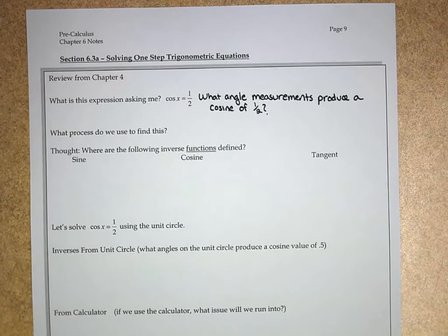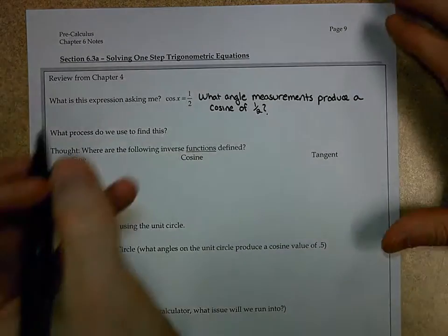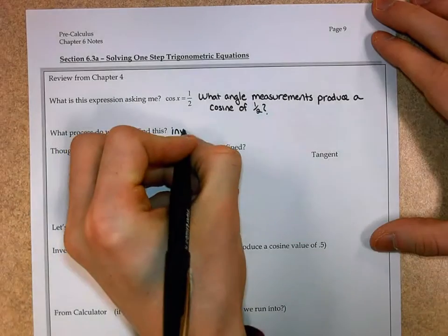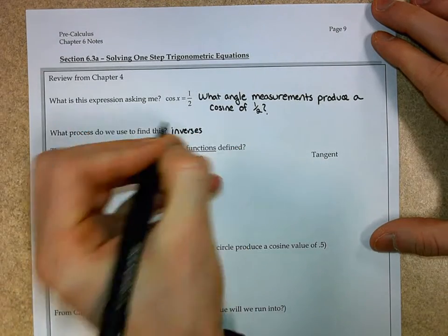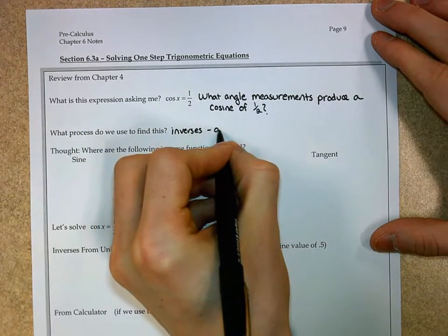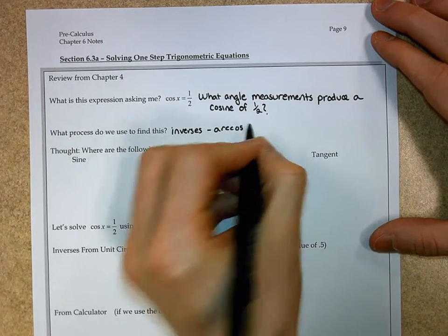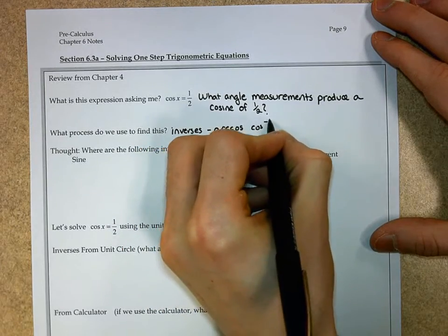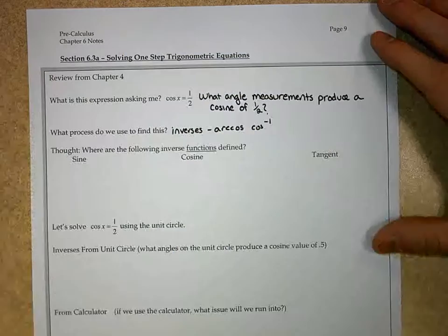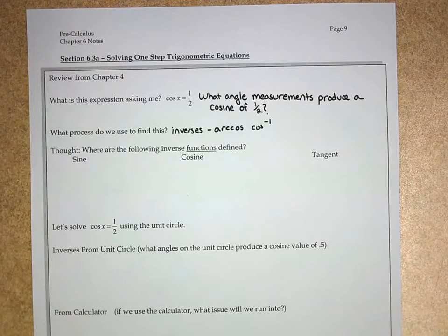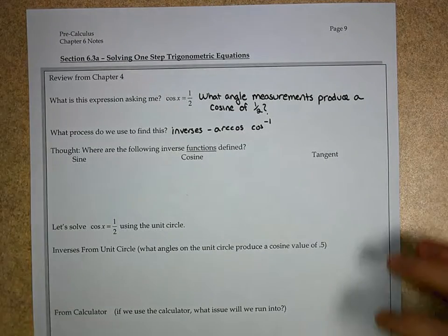And what process do we use to find angle measurements? We use inverses, or in this specific case, the arc cosine, or cosine inverse. And we can get that from the calculator or the unit circle.